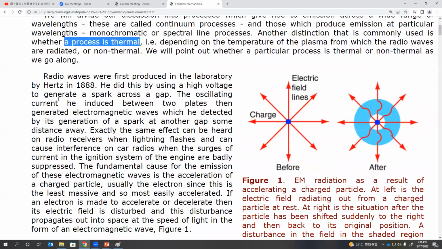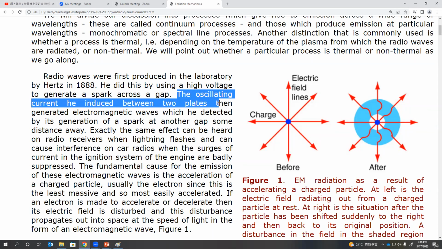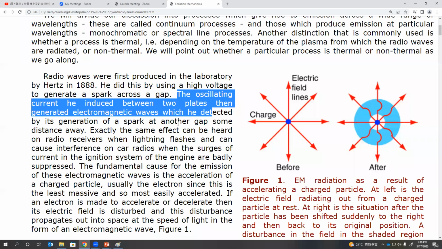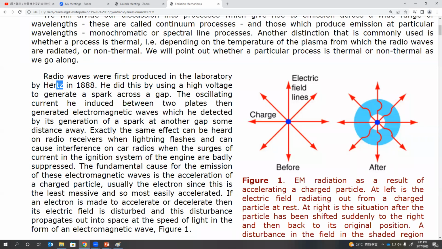You may know that in 1888, Hertz made an experiment to produce a spark between two plates, and the oscillating current induced by these two plates then generated electromagnetic waves. I won't repeat this simple experiment, but you can easily search for it on the internet.